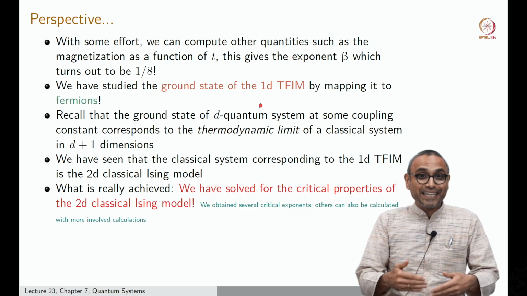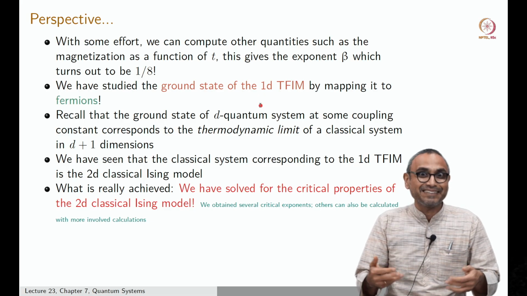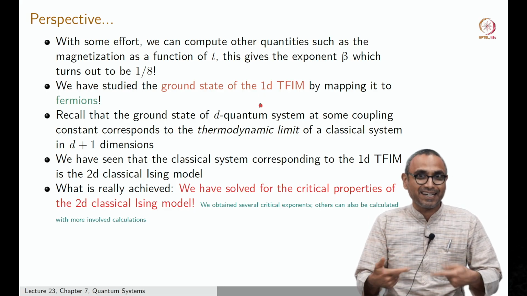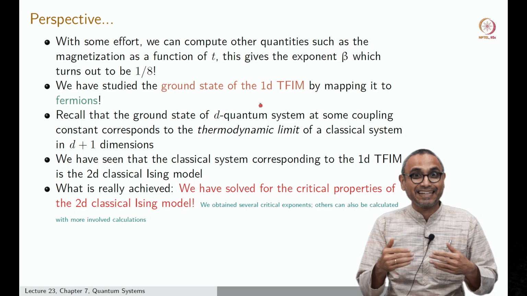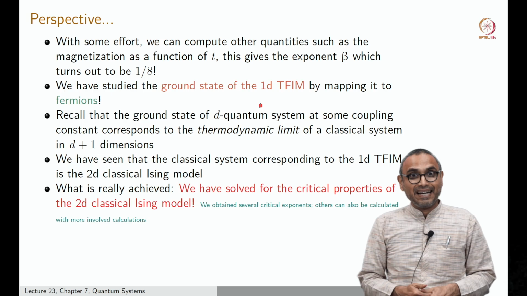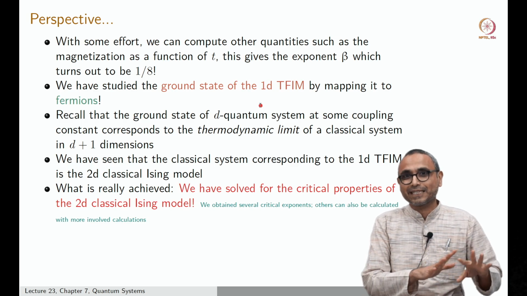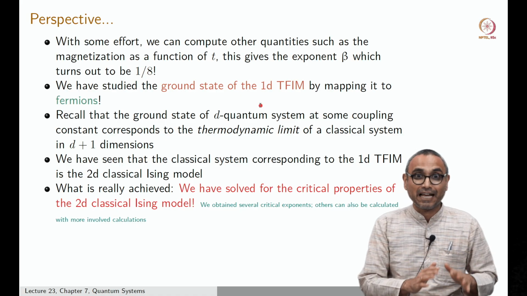So we have actually, quote unquote, solved the two-dimensional classical Ising model exactly, in a sense, right? And we have extracted certain critical exponents which are easy to extract, at least at the level of calculations that we have done.